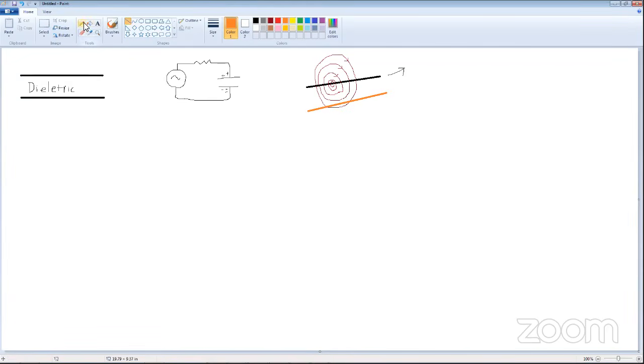Okay, and now I'll use the pencil. Let's say current is flowing the same way. And what's going to happen is, again, we have the same rings. Depending on the number of rings and how much current, there can be interaction between them. And this is what's known as mutual inductance.